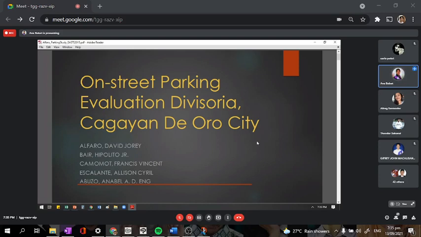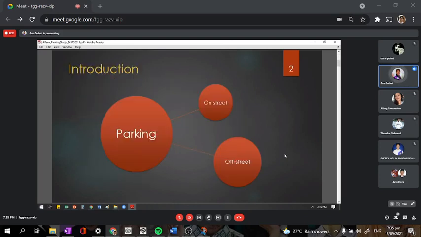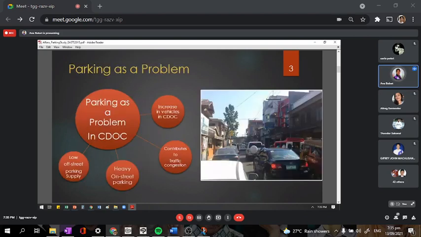So we avoid na ang on-street parking, but at the same time we look at unsay opportunity para ta maka-improve sa atong parking sa Cagayan de Oro City, particularly sa Divisoria area. So ilang gihatag ang concept that it's both on-street and off-street, as I mentioned kaganina. And then of course gipakita nila ang mga problem related to parking. Nganong naay mga parking sa Cagayan and nganong mahimo siyang problema sa dalan.